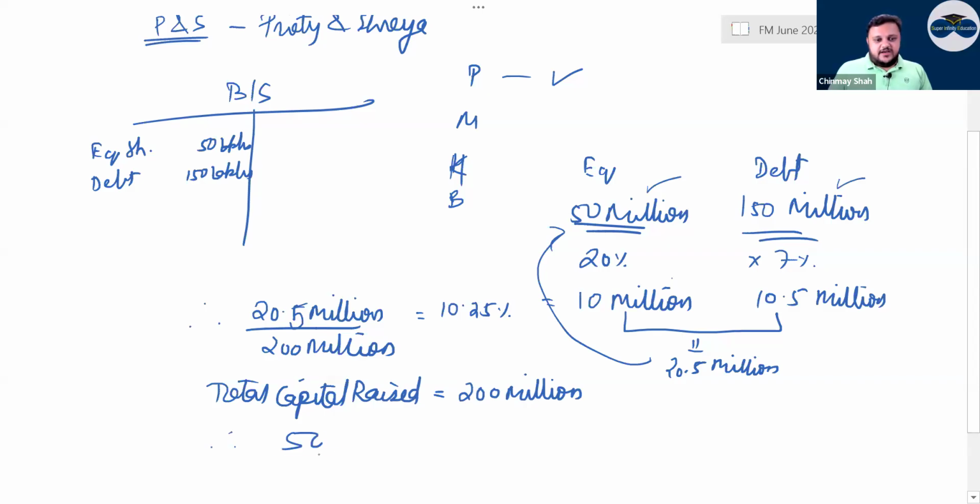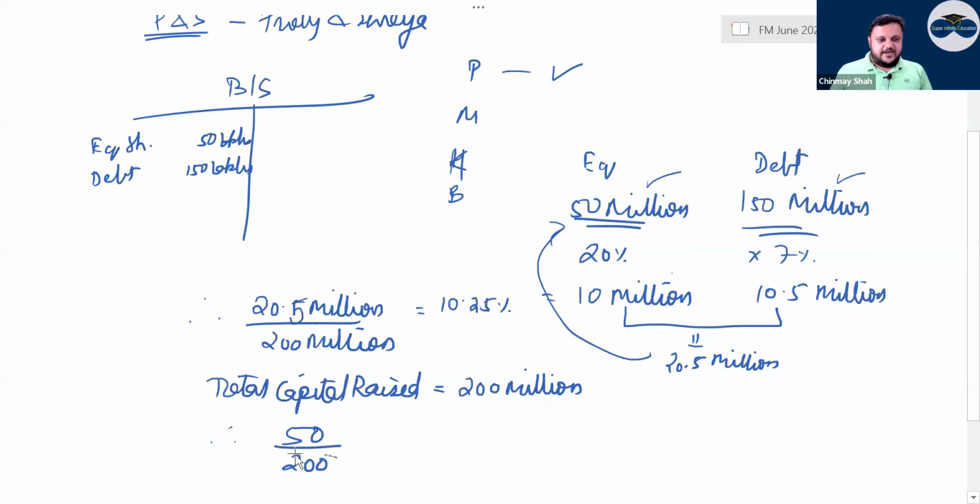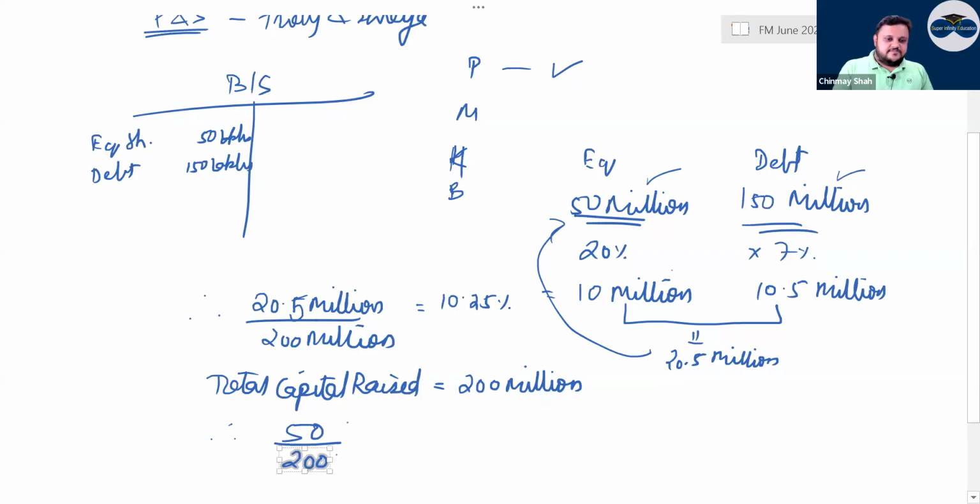Therefore, can I say, 50 million out of the 200 million. 50 is the weight of equity. 200 is the total capital. Or I can write 200 like this also, as the addition of 150 plus 50, multiplied by the required return of the equity shareholder.